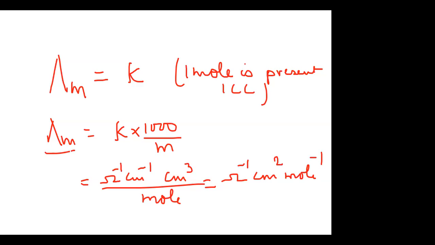All right. Now, all these 3 concepts have their own importance in studying the chapter on conductance in the solution. The next part that we have to study is the effect of dilution on these 3 kinds of conductance.